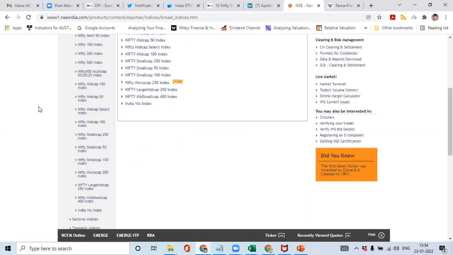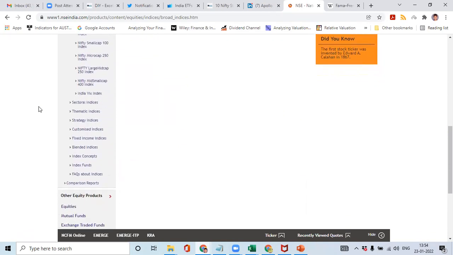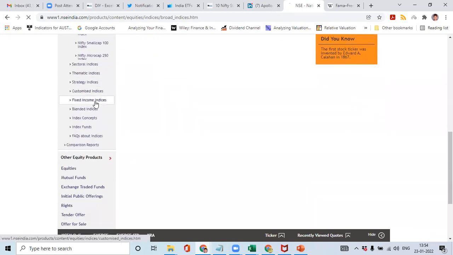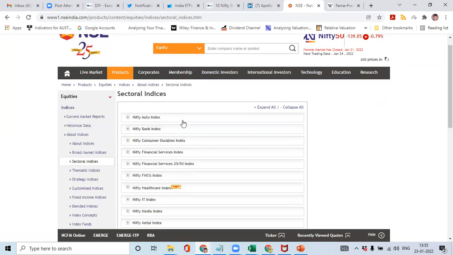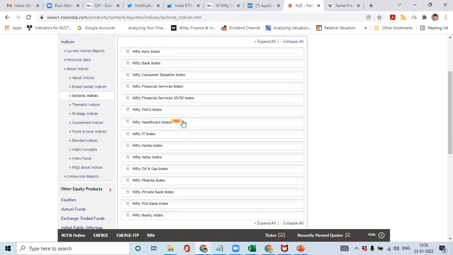Okay, now we have sectoral indices. There's nothing great about it. If a stock comes from the auto sector, put that into the auto index. Now, when you put 10 or 15 stocks like that in each index, you have to choose a weighting mechanism. The easiest weighting mechanism for these index guys is market cap weight.